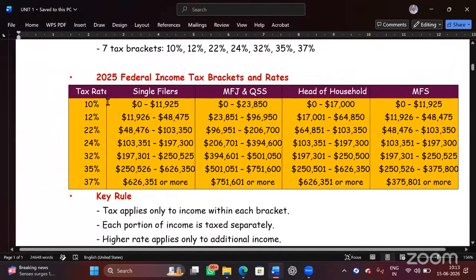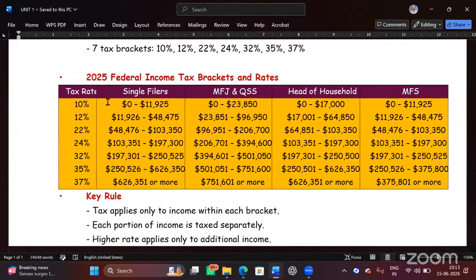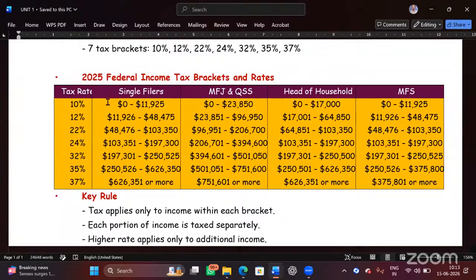These are the tax rates applicable to individuals. We have 7 types of tax rates: 10%, 12%, 22, 24, 32, 35, and 37. In total we have 7 types of tax rates.